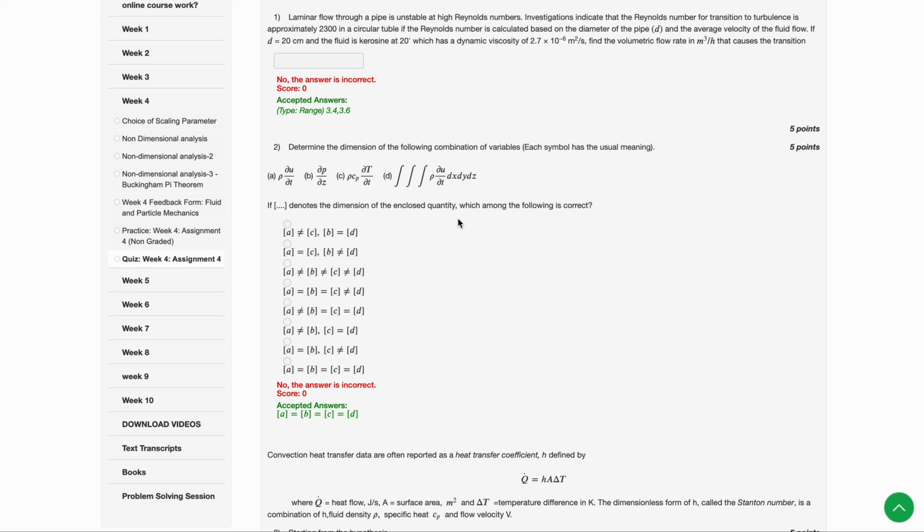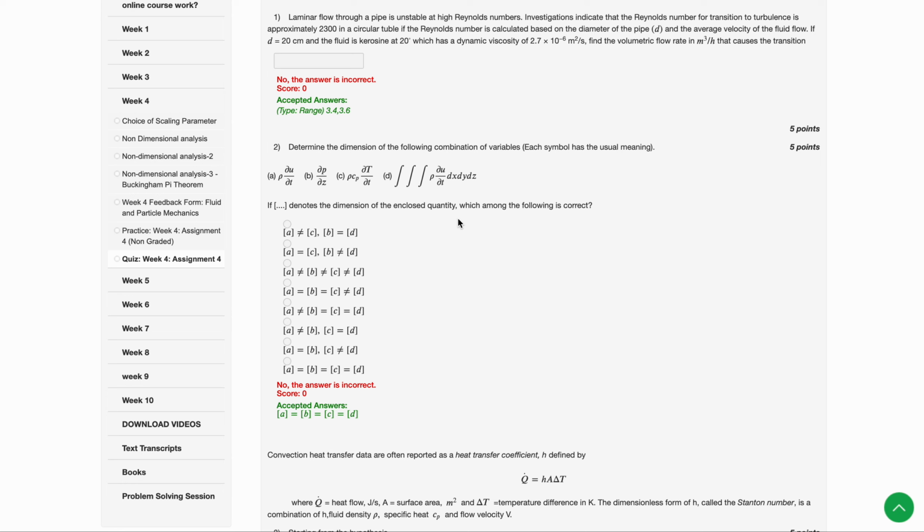In C it's given rho Cp into dou T. In D it is the volume integral, let's say over volume V, of rho dou u dou t into dx dy dz. As simple as that, am I right?